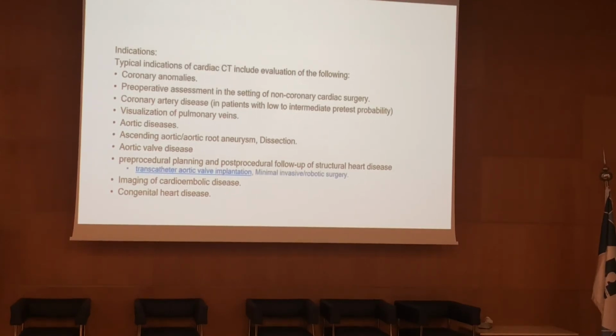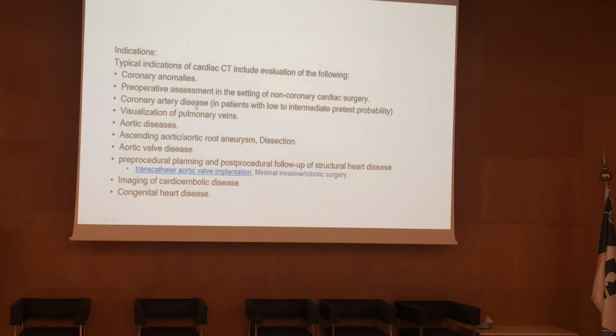The LAD goes through the interventricular septum, the LCX goes through the groove, and the RCA goes through the interventricular groove on the right side. Sometimes you see an anomalous coronary artery, where the left main comes from the right side. So CT is the best test to assess this anomaly.